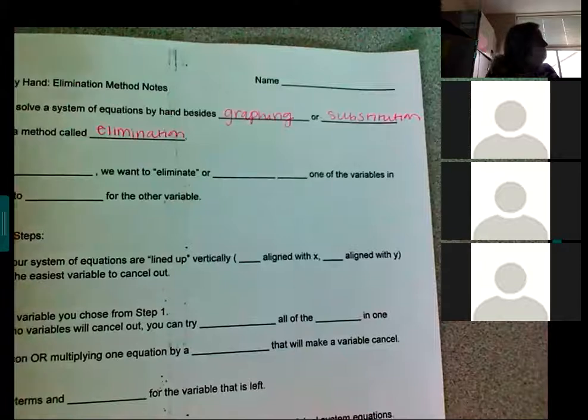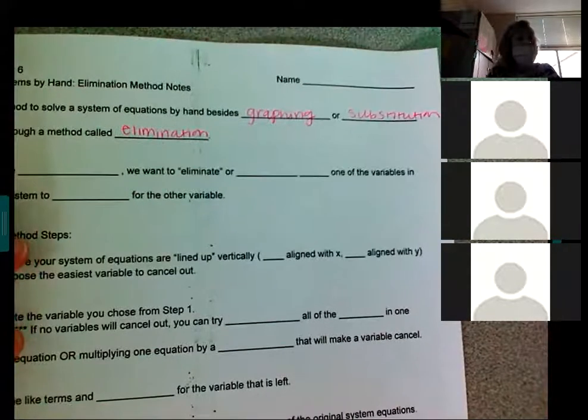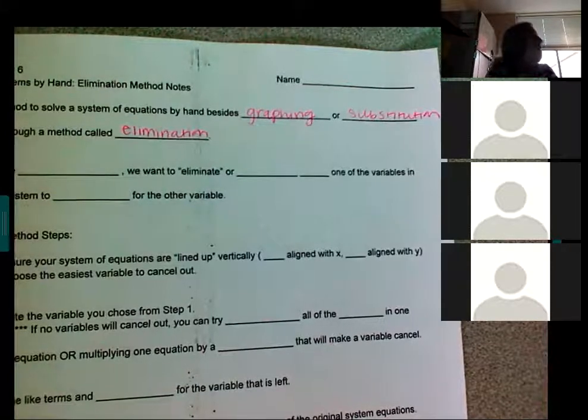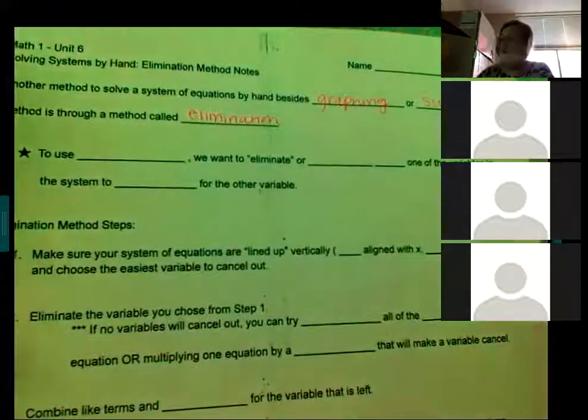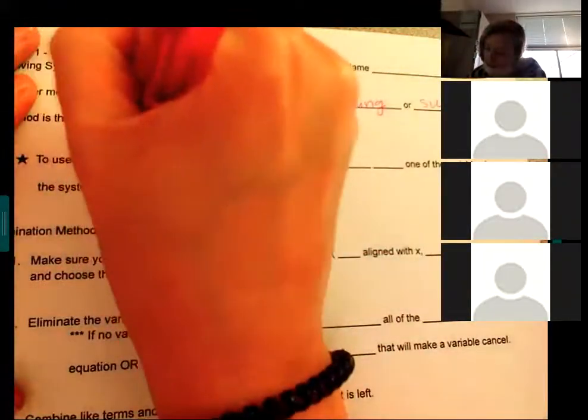So besides graphing or substitution, the third method is called elimination. Your synonym for elimination can also be Miss Poole's favorite because I like it. I think it's quick. To use elimination, this is what my people at home need to write.